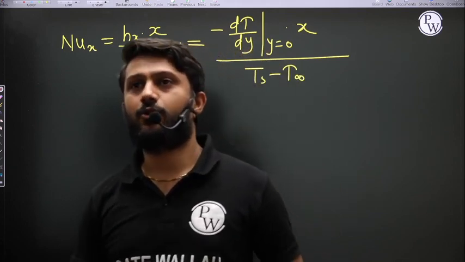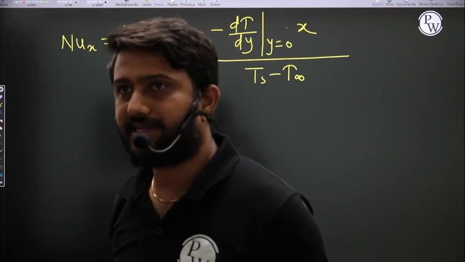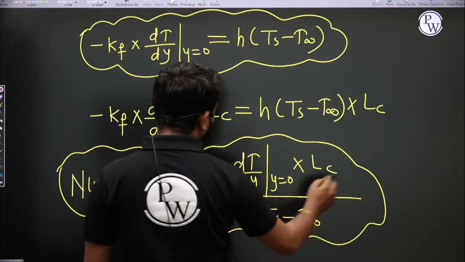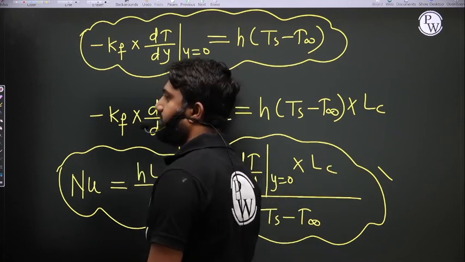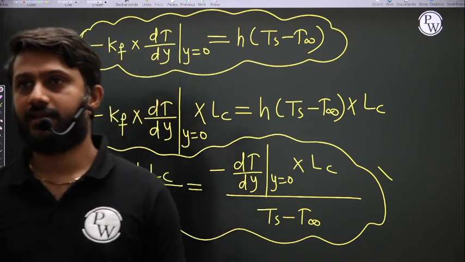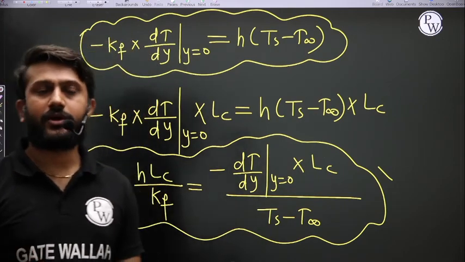Right, so this is the local Nusselt number. This is Nu_x, the local Nusselt number, and this is the average Nusselt number. Is it fine? Is it clear?